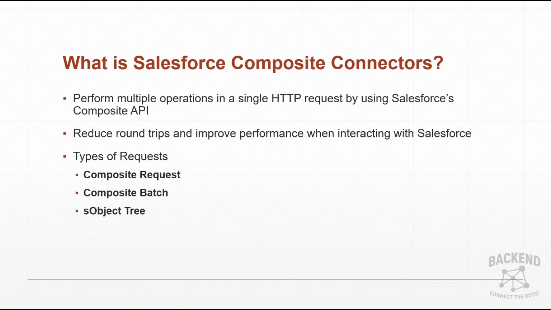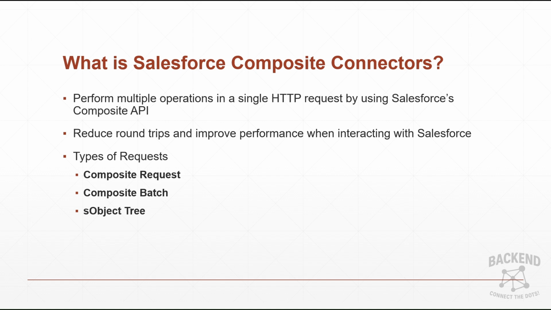So by using the connector, what we use in MuleSoft is calling that Composite API and doing those operations. The main advantage of using this composite connector is that it reduces the number of calls to Salesforce, which improves the performance of our application.